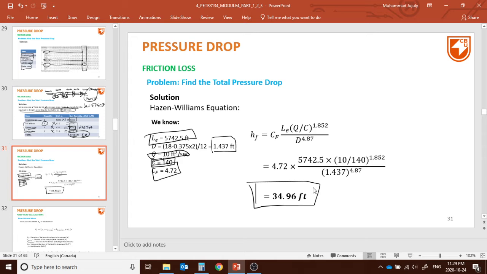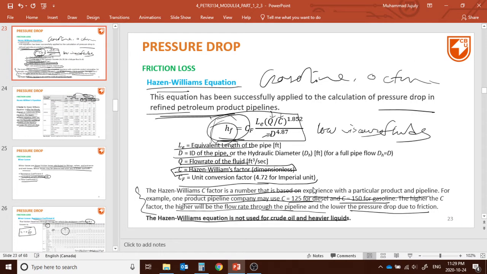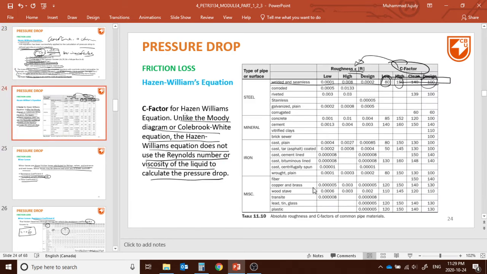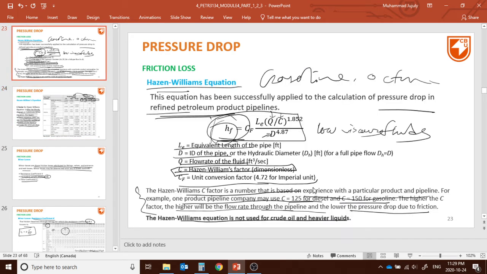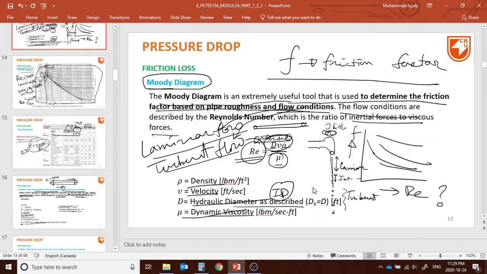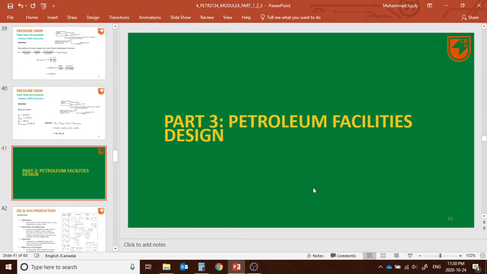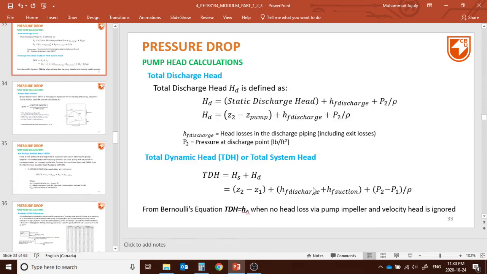Okay, easy and simple, right? So this is how you can calculate the head loss using the Hazen-Williams equation. In part 1, we learned to calculate the head loss using the Darcy-Weisbach equation. Okay, so remember.